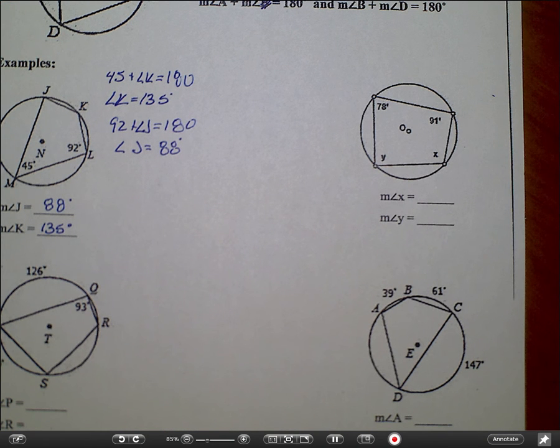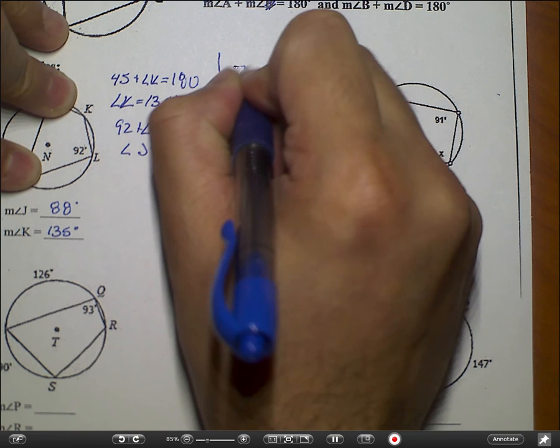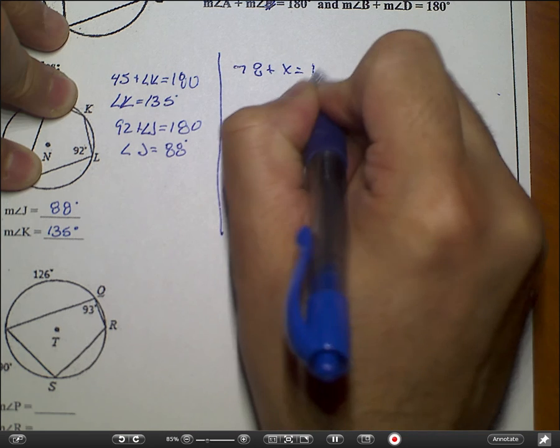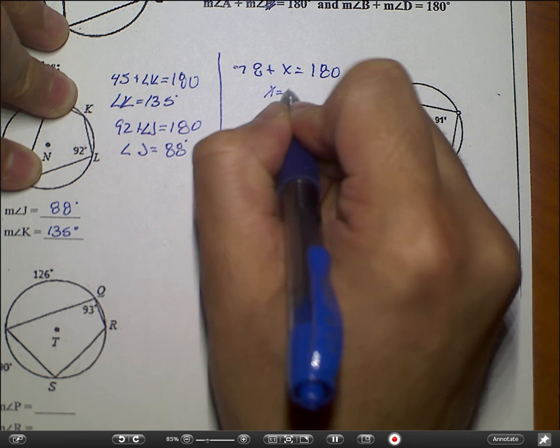This next one. What angle is opposite 78? Let's do our math. We're going to say 78 plus x equals 180. Subtract 78 from both sides, right?